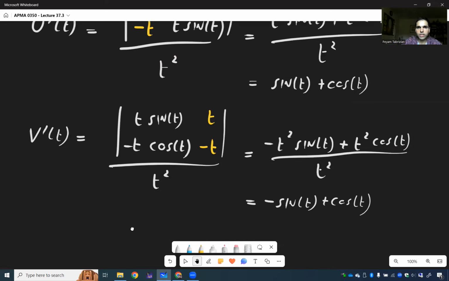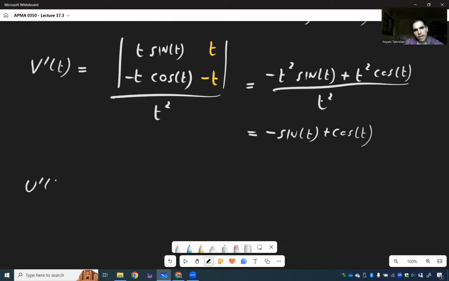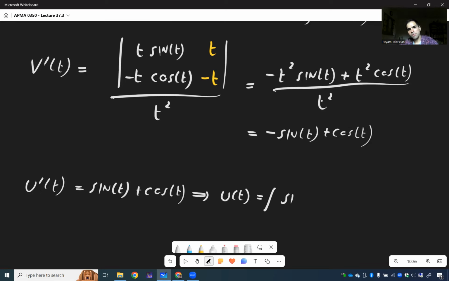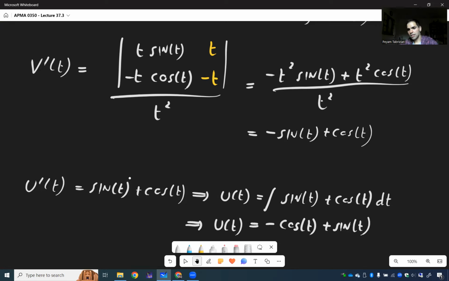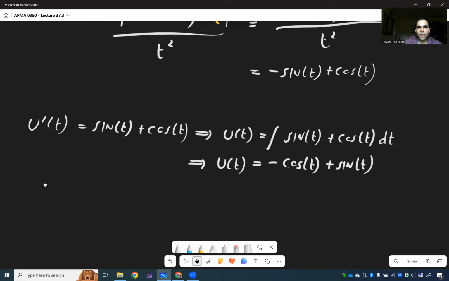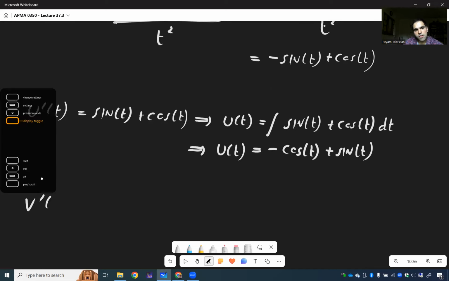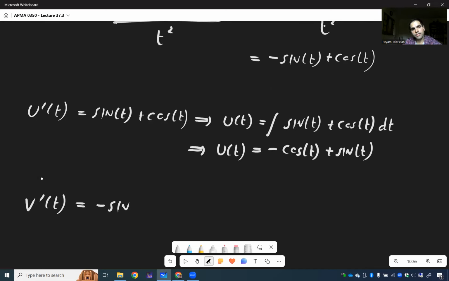And then remember, we just need to integrate. So u prime of t is sine of t plus cosine t. And so u of t is the integral of sine of t plus cosine t dt. And so in this case, u of t is minus cosine t plus sine of t. That's one thing. And then v prime was minus sine of t plus cosine t.